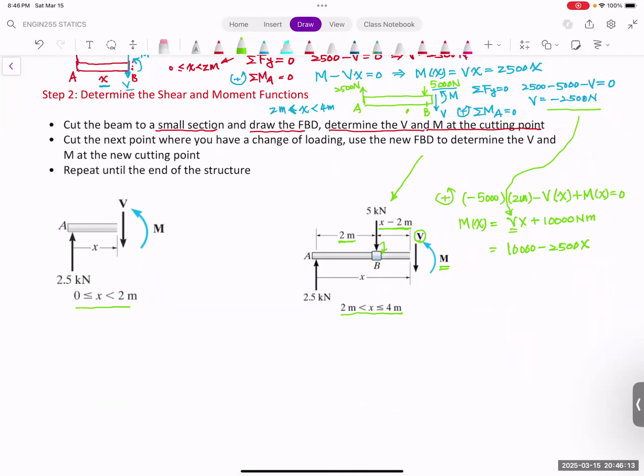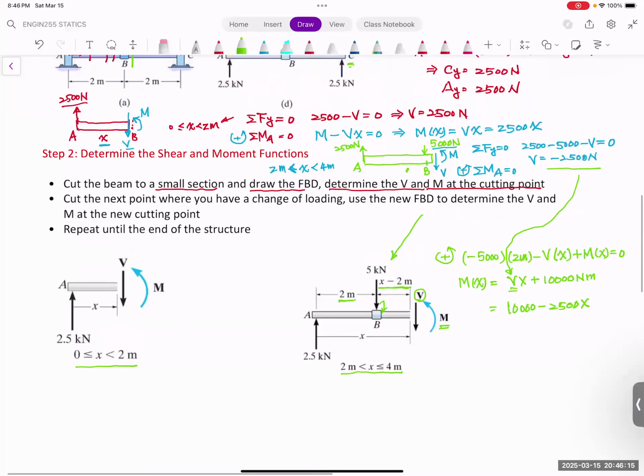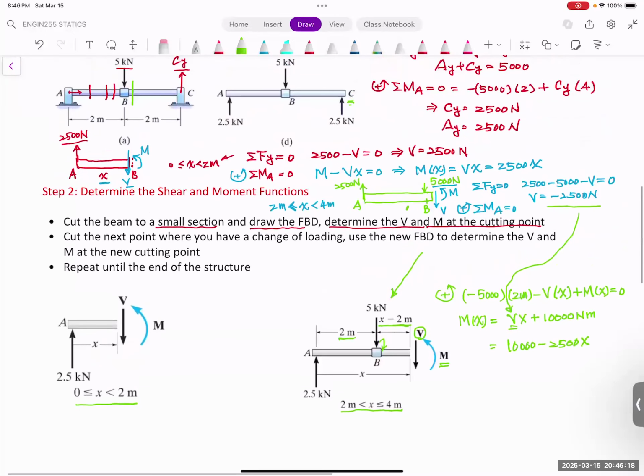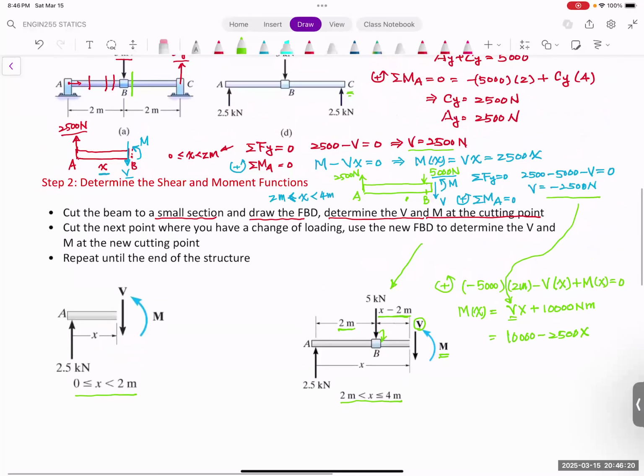So now let me just summarize here. When we are in this region, we have V equal to this, M equal to this. So Vx is going to be 2,500 Newton. This is a constant. The M is going to be equal to 2,500 x, depending on x.